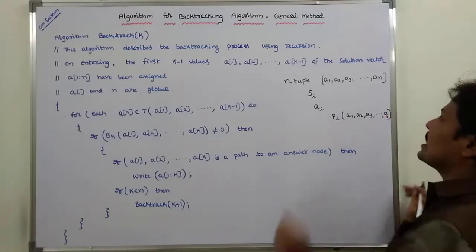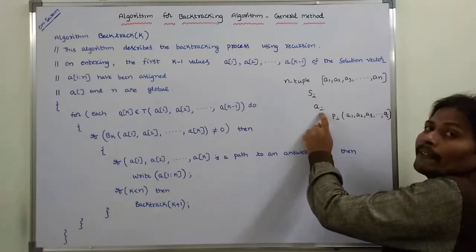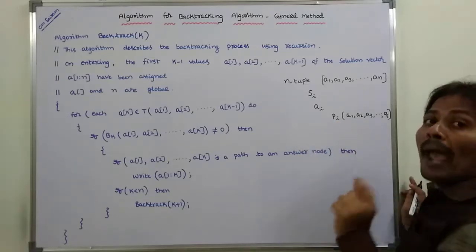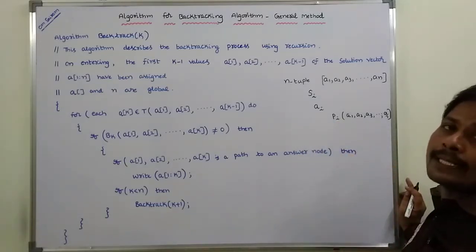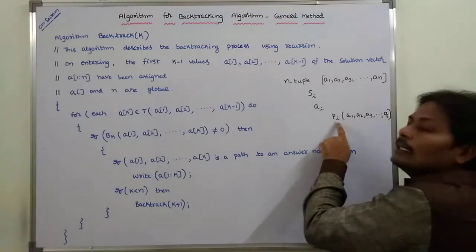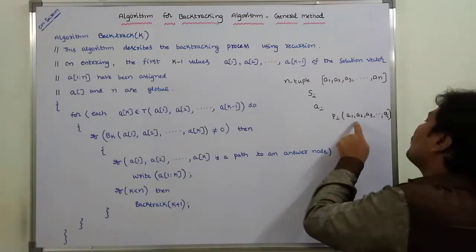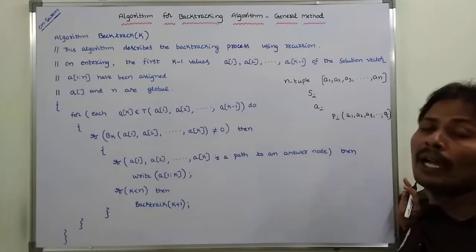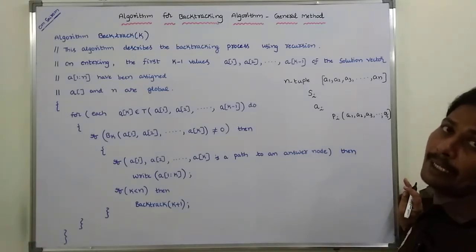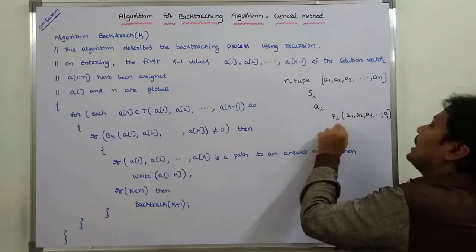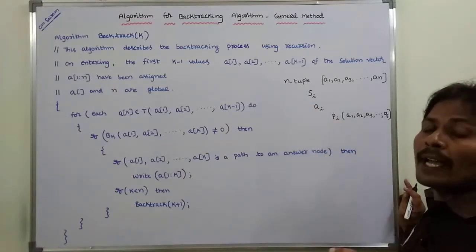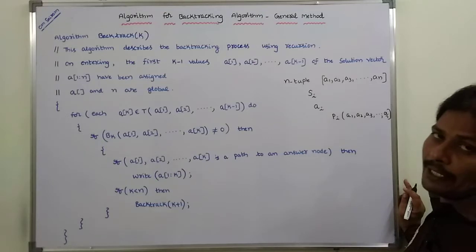Each vector ai maximizes, minimizes, or satisfies the criteria function Pi of a1, a2, a3, up to an. Compulsorily, each vector must satisfy the criteria function.